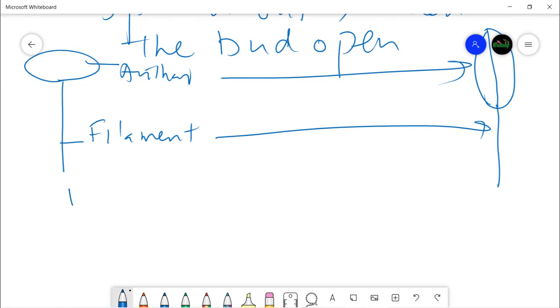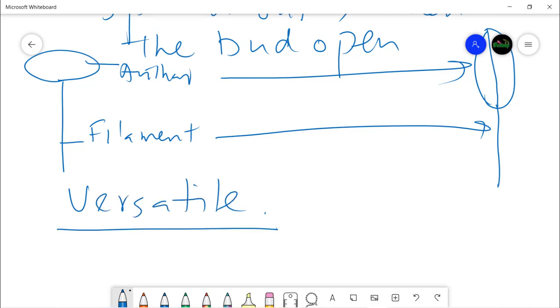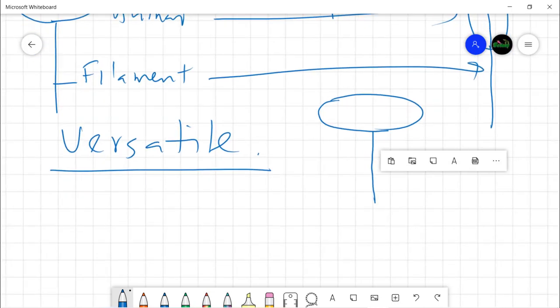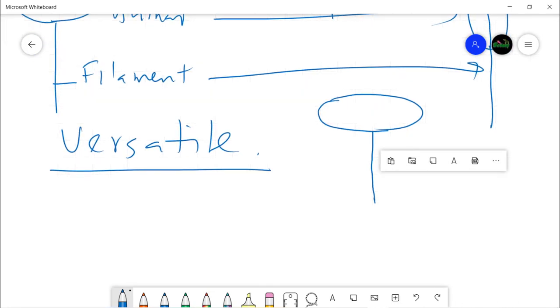One of the conditions is versatile. Now versatile position is such that usually the anther and the filament are somewhat at a right angle, as you can see here. So this is the anther, and this is its filament.